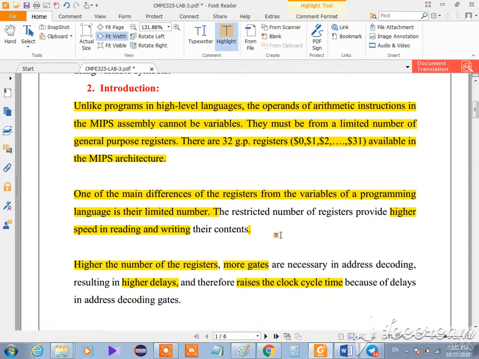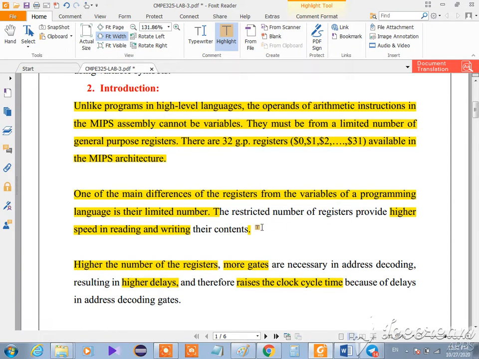The problem is that if you define more registers, it means that you have more delay. Actually, the speed of the register is very high. So that's why if you have a limited number of registers, your speed will be fine.